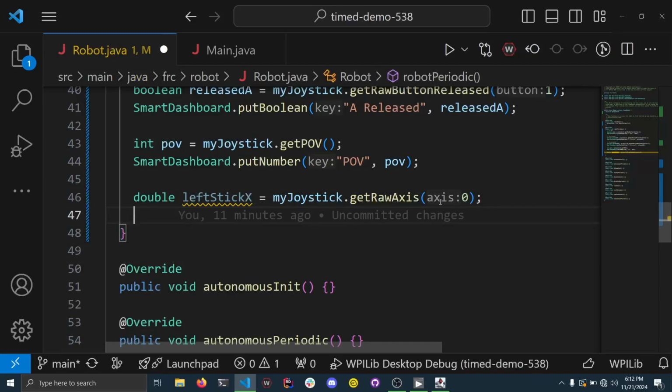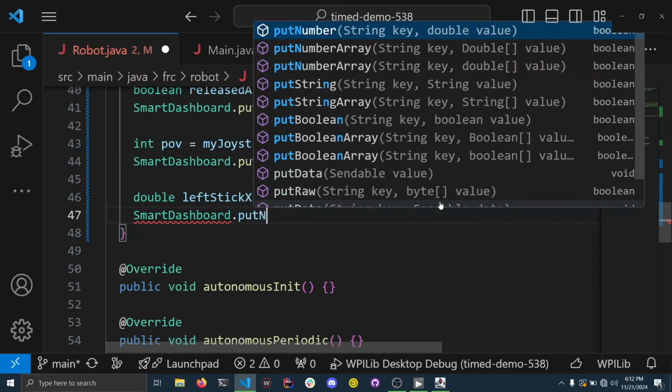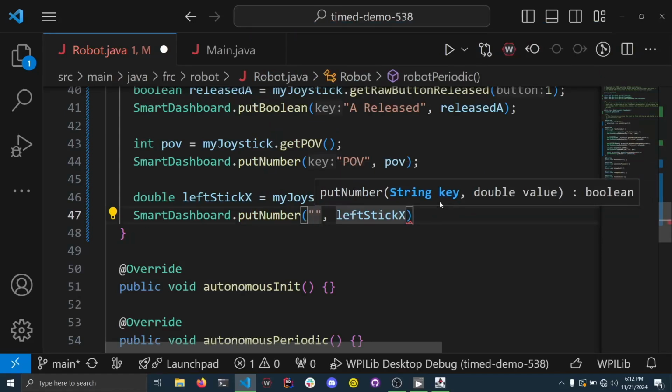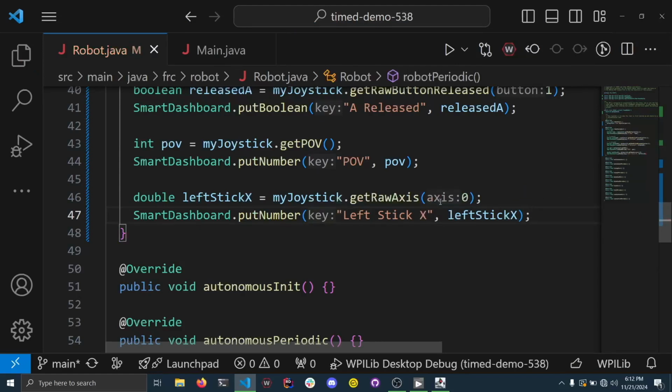So we're going to go Smart Dashboard dot, and we're going to put something. What kind of value are we putting? It's a number, so it's going to be put number. Then we have to give it a key, and we said left stick X, and we got the value there. So we'll take that and we'll sim it.